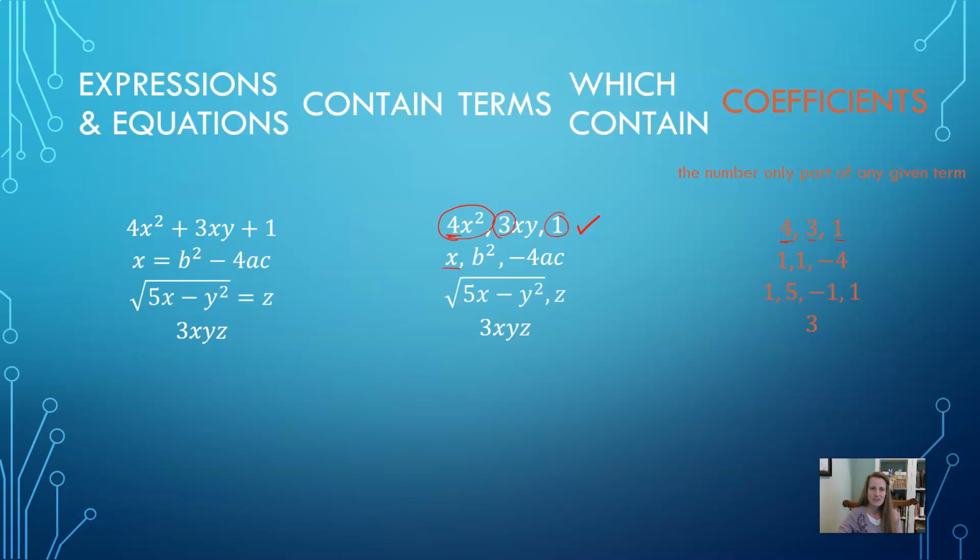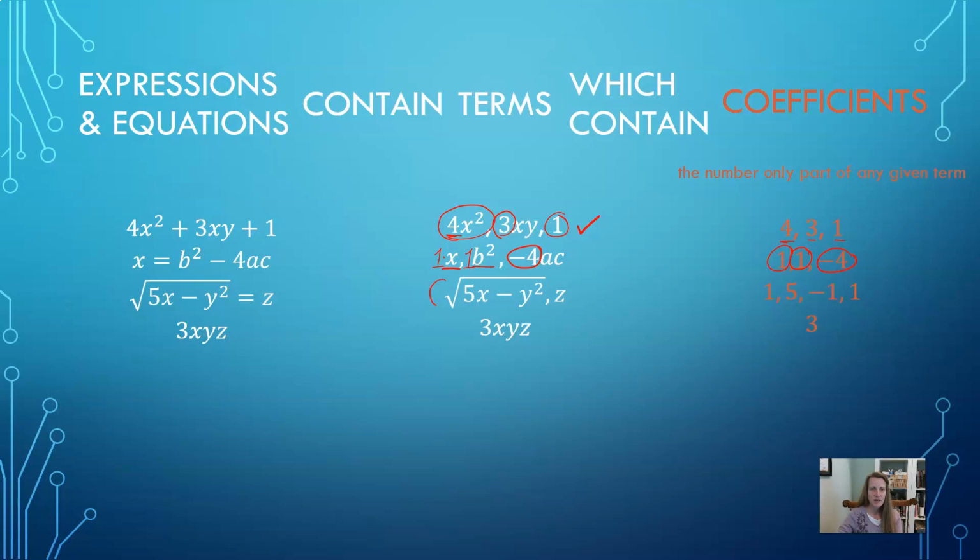Okay, now what if I just have an x? What is the coefficient in front of that x? It's not 0. 0 times anything is 0. That implied coefficient is the number 1. So that's where this 1 comes from. Same thing with this b squared. There's that implied coefficient of 1. So our second coefficient, and this third coefficient, negative 4.